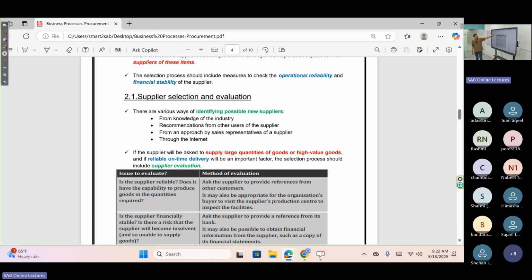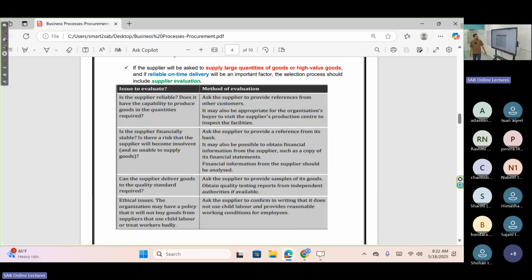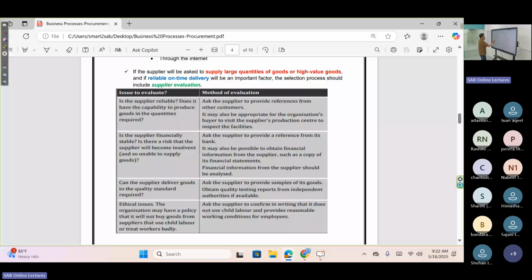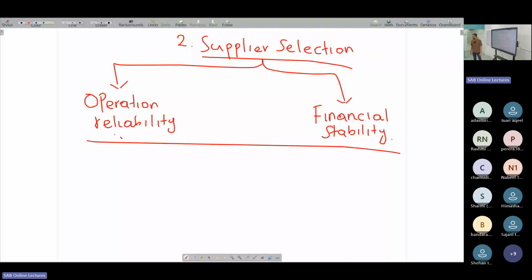So the next topic is the most important topic. When you are selecting the supplier, these two things you should consider. This is the main concern: operational reliability and financial stability.